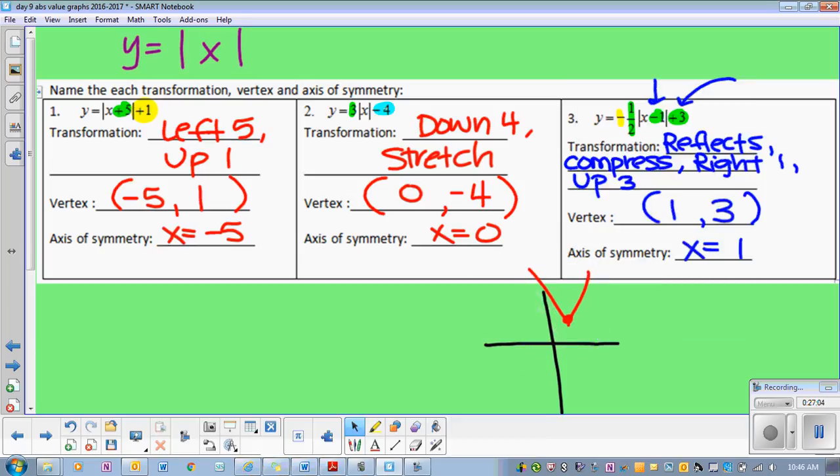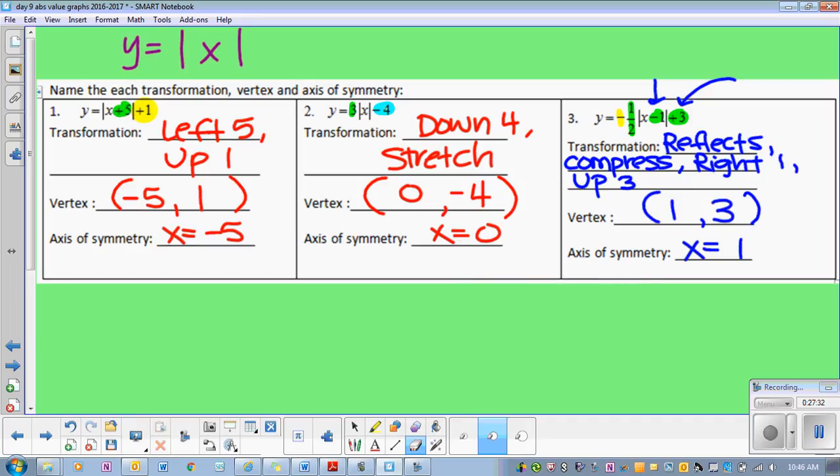Say right there, right? If I were to stretch this or compress it, does it affect the vertex? Like if it were to go like this, or if it were to go like that, does it affect the vertex? No, it just changes kind of like the width of the graph. Okay? So that's why it doesn't affect it. That's a really good question though. Does that make sense?